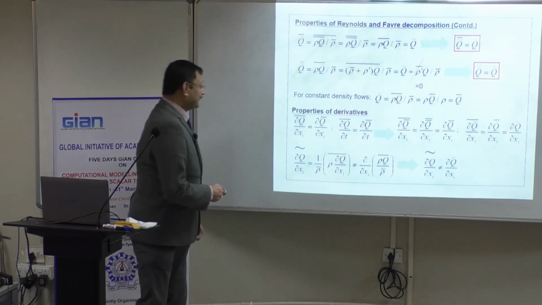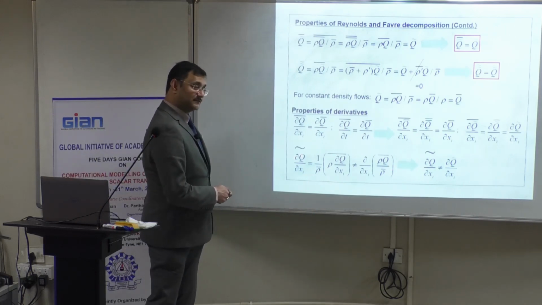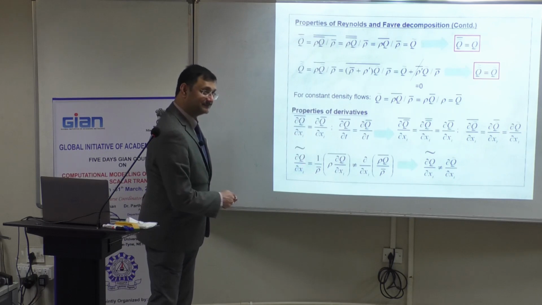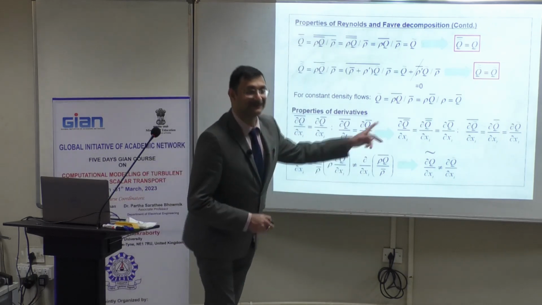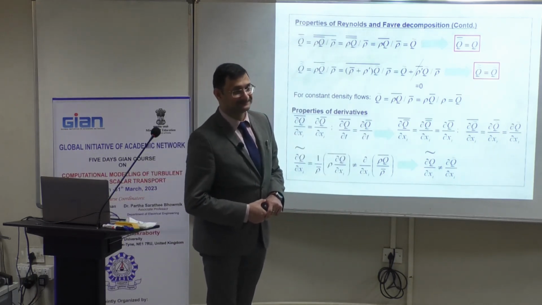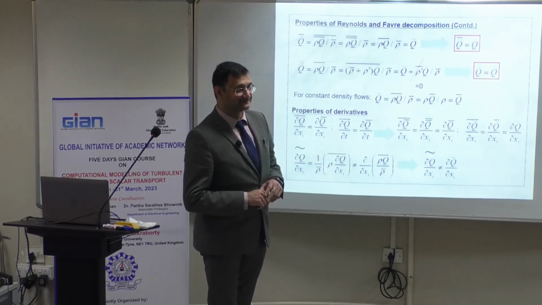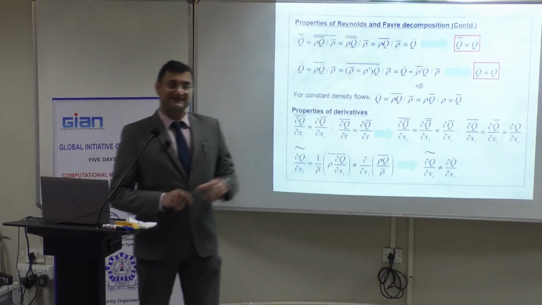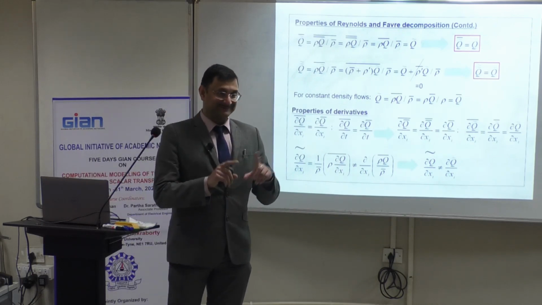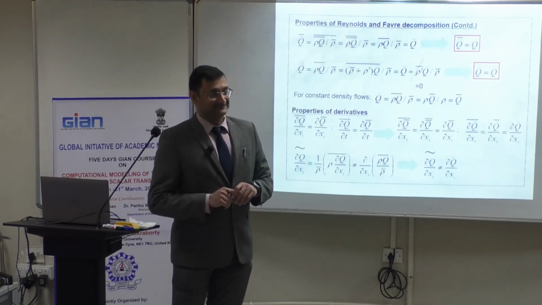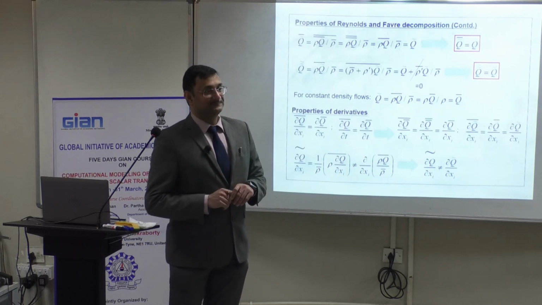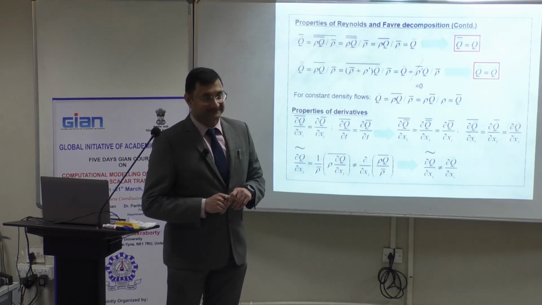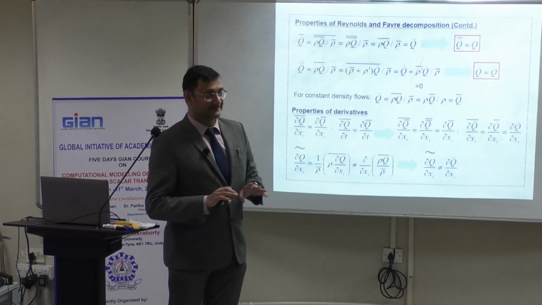So the Favre mean of a gradient is not the gradient of a Favre mean. Clear? So Favre averaging does not commute when you are dealing with any kind of derivative operations. Does it make sense? Why?